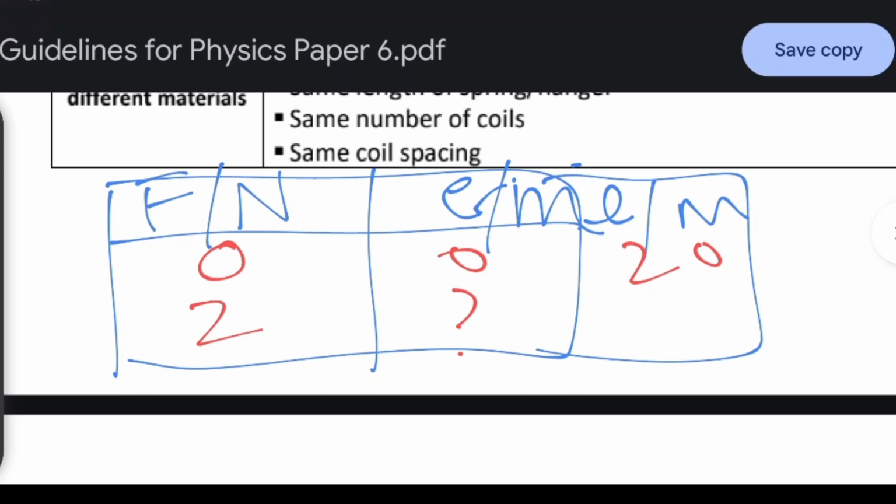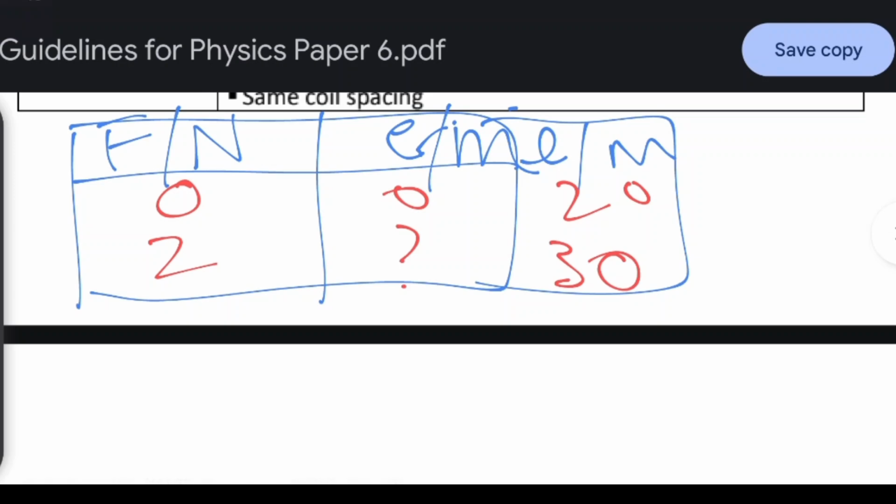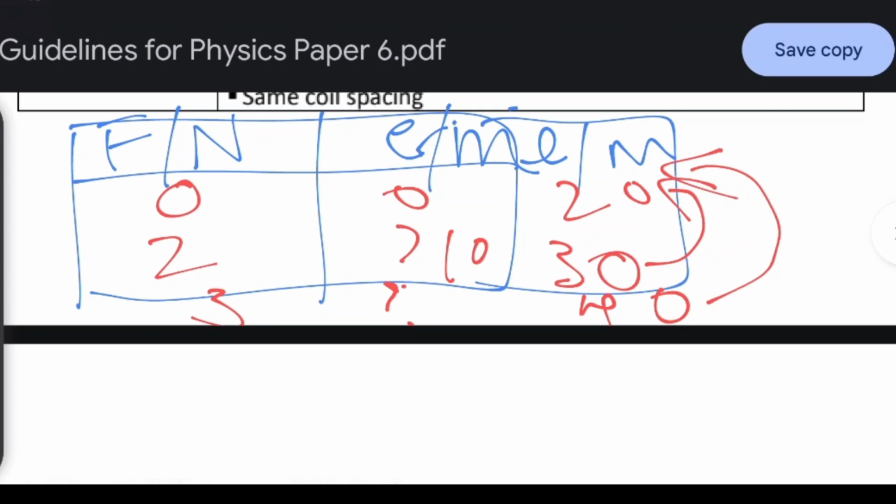You just subtract 30 minus 20, so we get 10. Then for 3 Newton, the length is 40, and you subtract 40 minus the original length, 40 minus 20. What are you going to get? 20. So you will get 20 extension here.